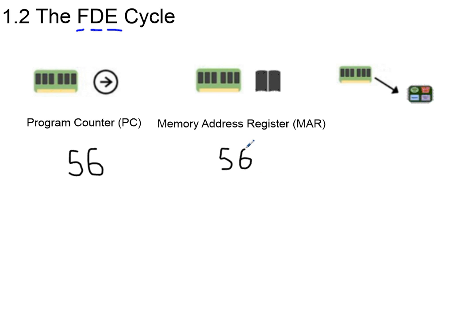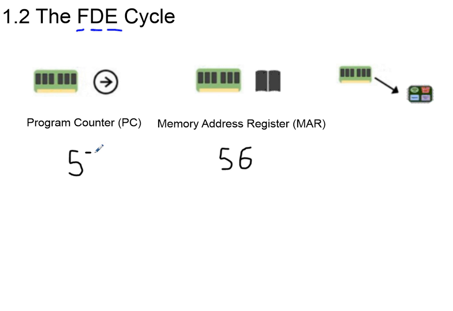Just want you to think about why we take 56 and we move it and put 56 in another register. What's the point of that? The reason we do that is because the program counter needs to be increased for the next cycle.